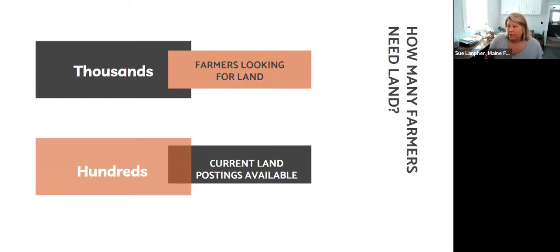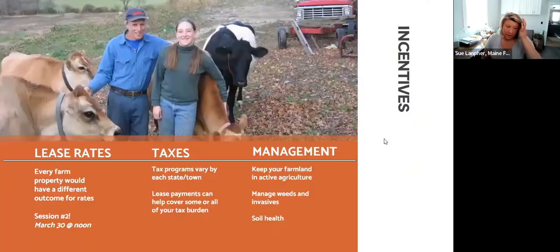So moving on to incentives for leasing your property, there's a tax benefit. You could have a piece of property that you yourself might not be able to farm in one way or another, but a farm seeker can come on and help you cover the cost of your taxes and your insurance for the property.